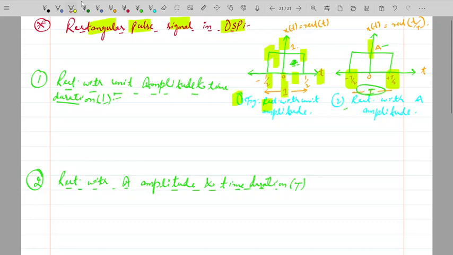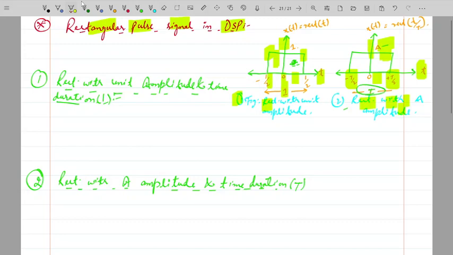The minus T by 2 part is considered when the values of small t on the x-axis are less than 0, and the right part of the rectangle is considered when small t is greater than 0. So this is the second condition, when the amplitude of the rectangular pulse is A.